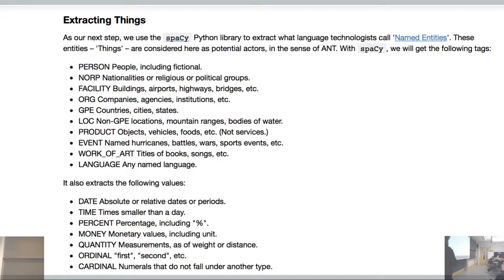I don't know everything that goes on under the hood with these things, but it can, with quite surprising accuracy, extract things from the text and say that this appears to be a name. This appears to be the name of a place.